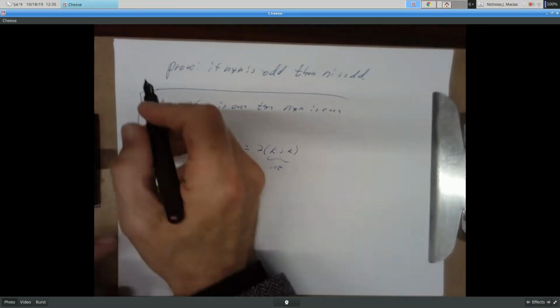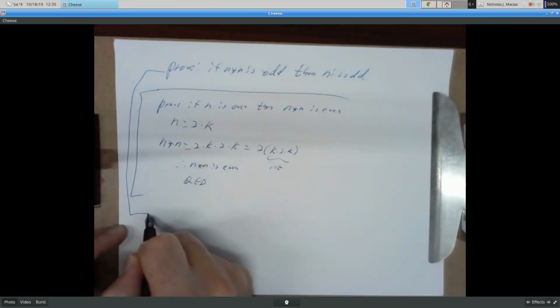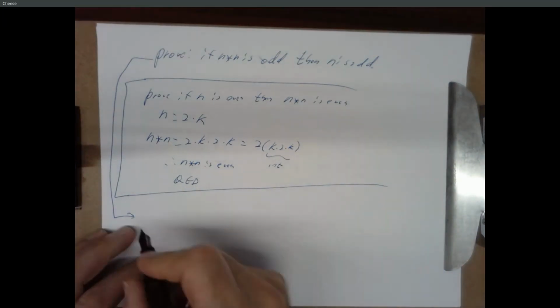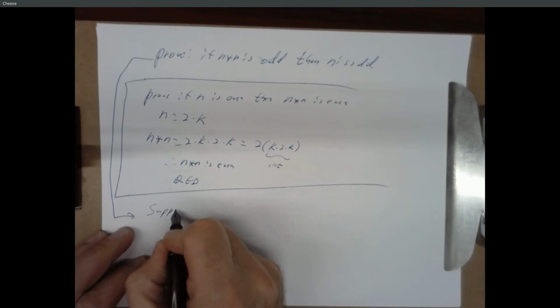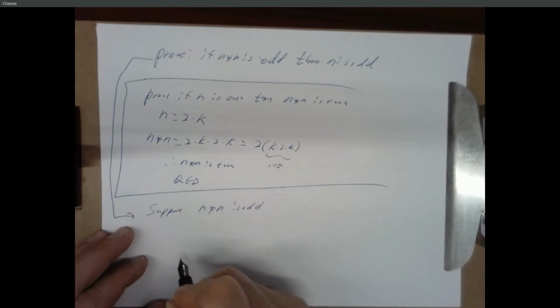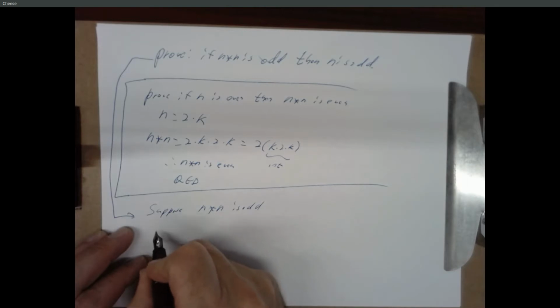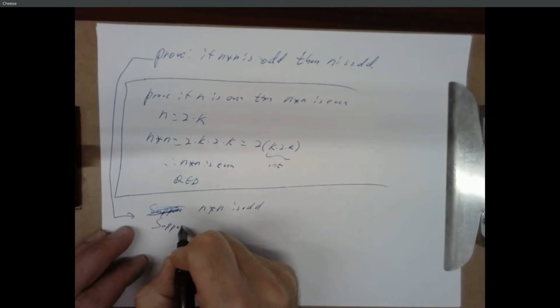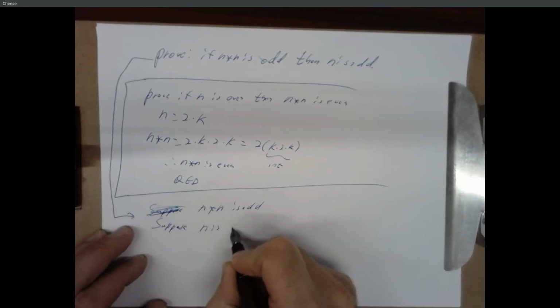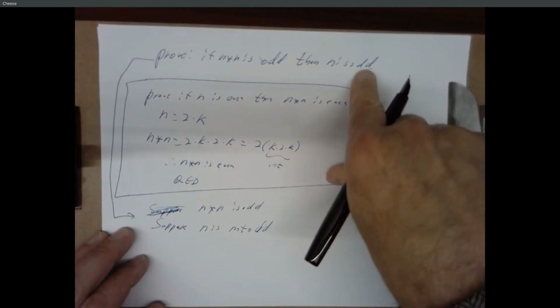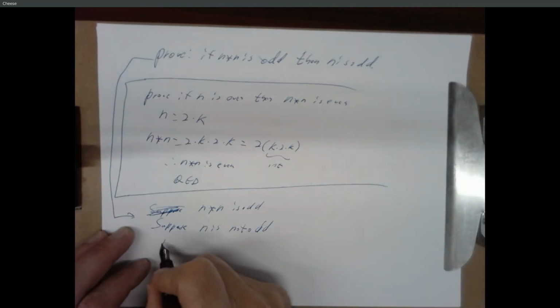But now let's prove this original. Prove that if n times n is odd, then n is odd. Well, suppose n times n is odd. Well, we're starting off with n times n is odd. Suppose n is not odd. All right, so we're going to contradict the hypothesis.